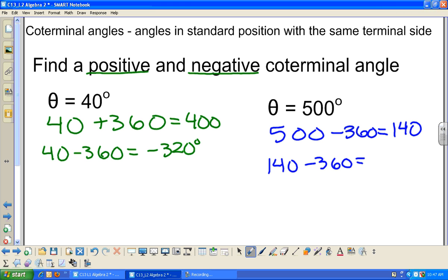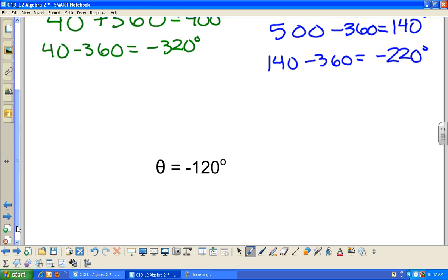Because since 500's coterminal angle is 140, I can subtract or add 360 to 140, and they'll also be coterminal angles. So 140 minus 360 would give me negative 220. So you have a positive and negative coterminal angle.